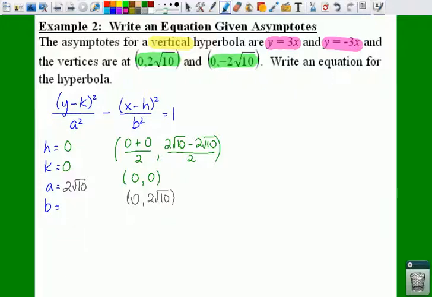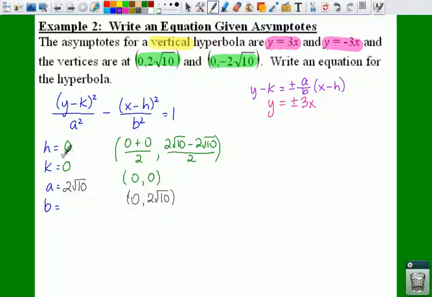If you look at your asymptotes, they both follow the form y equals plus or minus 3x. Your formula for an asymptote is y minus k equals plus or minus, and in this case, because you have your y over your a and not your x over your a, it's a over b times (x minus h).